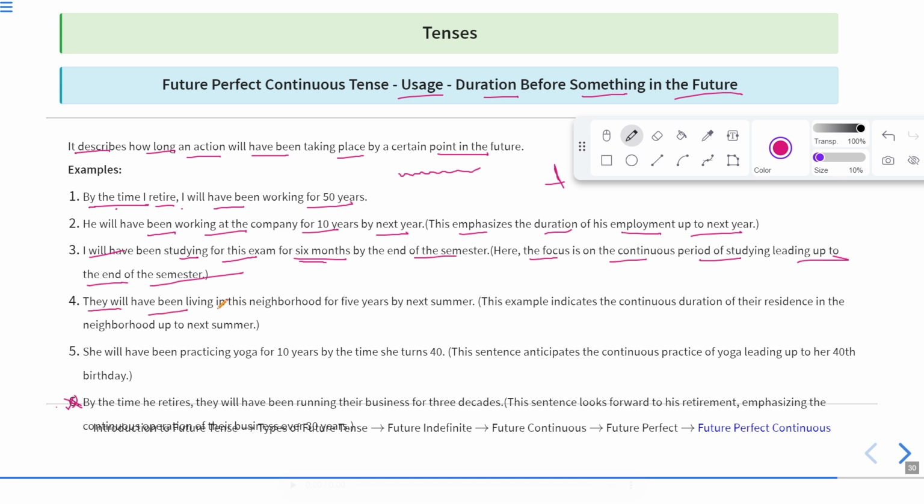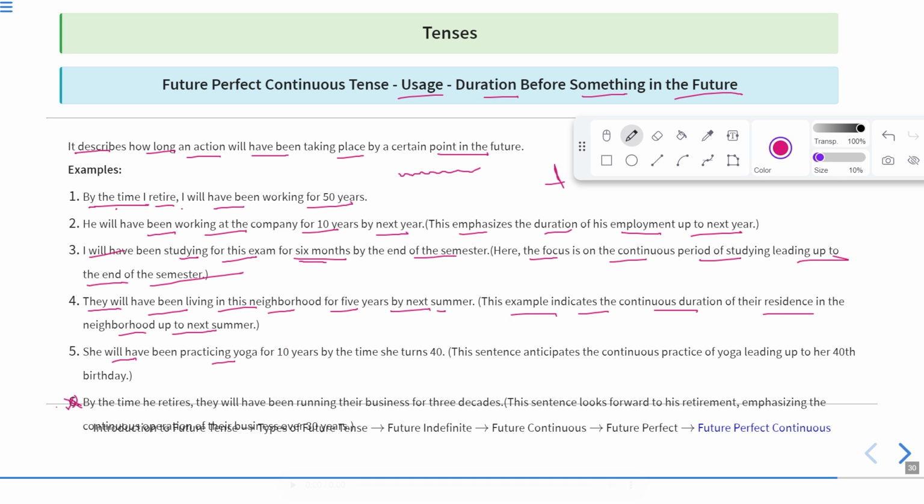They will have been living in this neighborhood for 5 years by next summer. It means by next summer, they will complete the duration of 5 years. Okay, this example indicates the continuous duration of their residence in the neighborhood up to the next summer. Or you can say up to next summer, they will finish 5 years, or they will cover 5 years of living in the neighborhood.